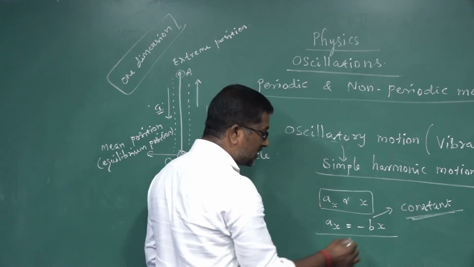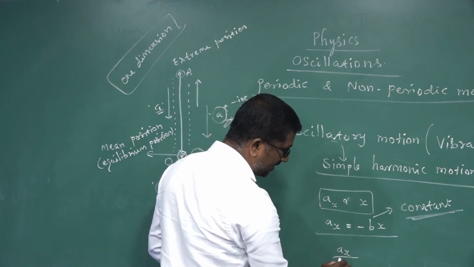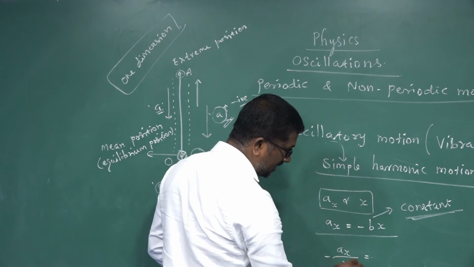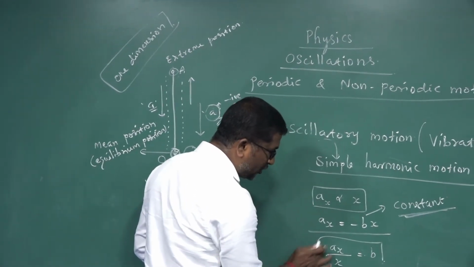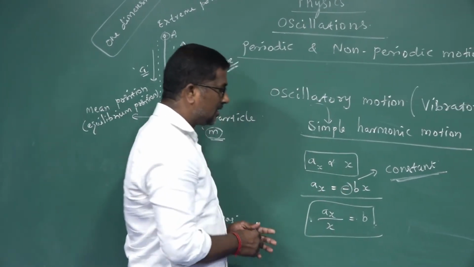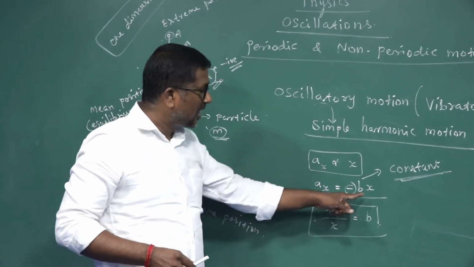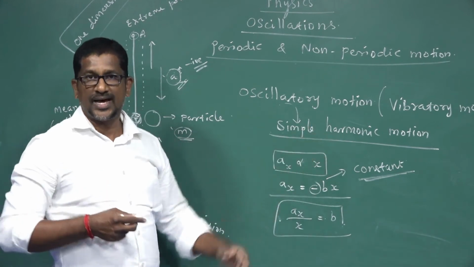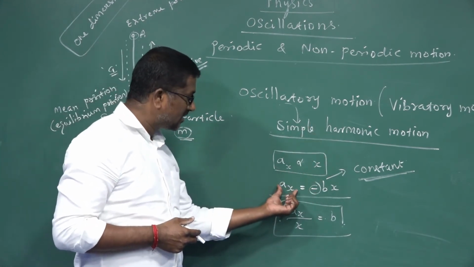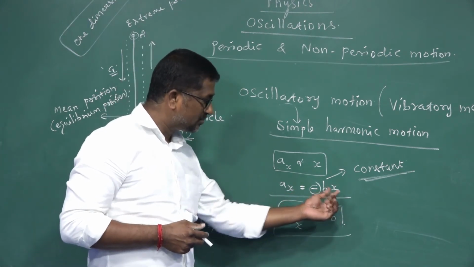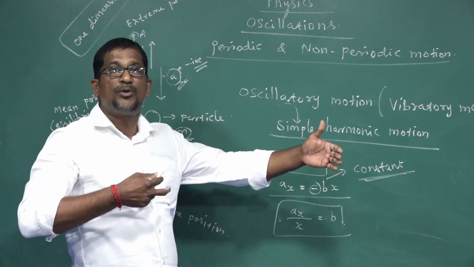which measures the acceleration per unit displacement. The negative sign in this equation indicates that the acceleration experienced by the particle and the displacement of the particle are in opposite directions.